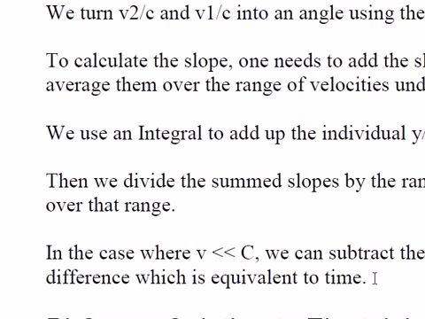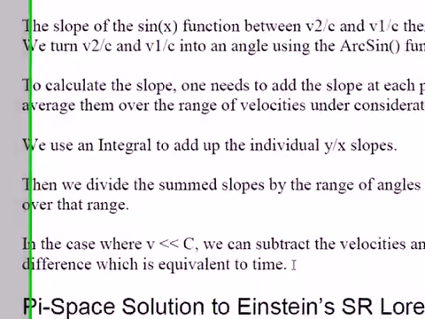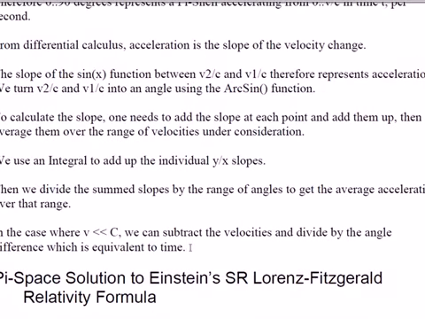So essentially, all we're really doing is calculating the slope of the area change: we use the sine function, do some integration, and divide by the range, just like you would in any basic calculus example.